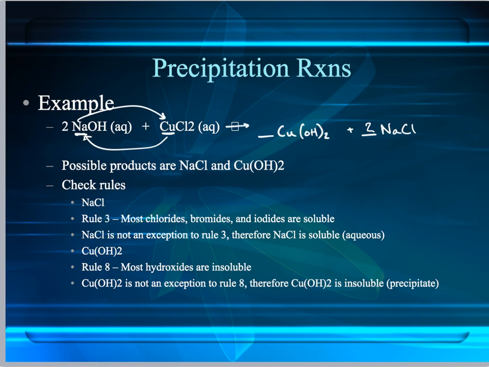You could just go straight to the fact that Rule 1 tells you that all 1A metals are soluble. Always, no exceptions at all. So sodium is a 1A metal. It's in the far left column. Doesn't matter what it's bonded to, it's going to be soluble, which means it's going to be aqueous.